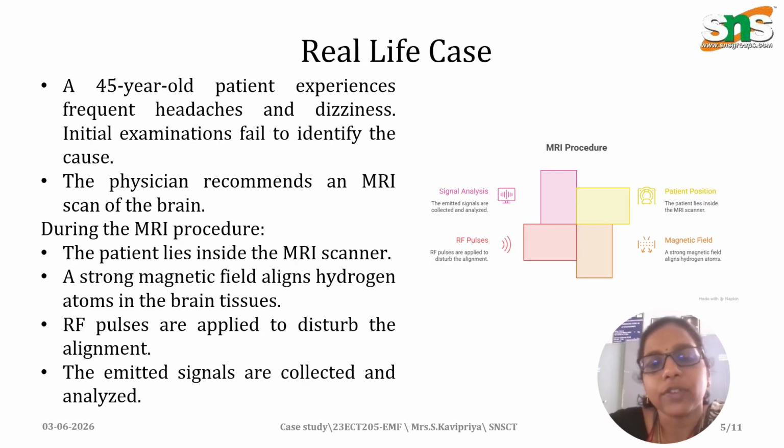Real life case. For example, consider a patient who frequently undergoes headaches and dizziness. Based on the initial examination, if a doctor wants the patient to take an MRI, what is the procedure?